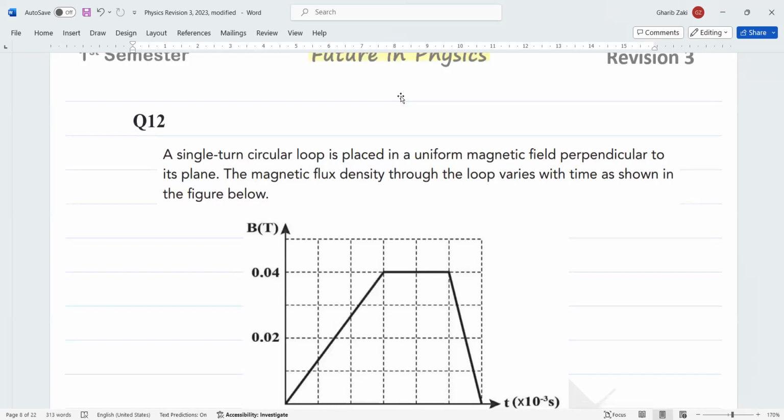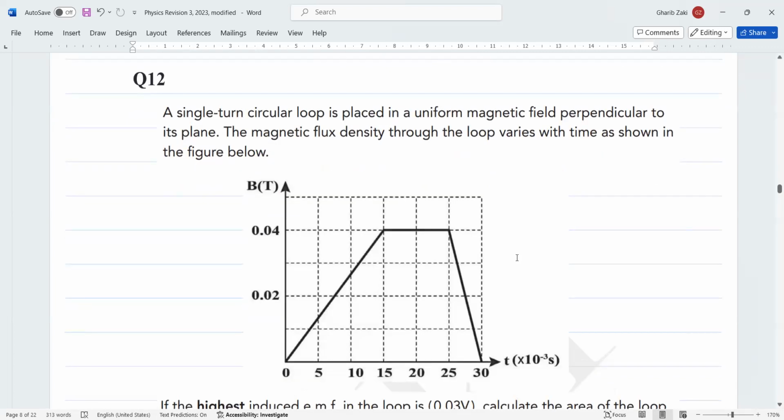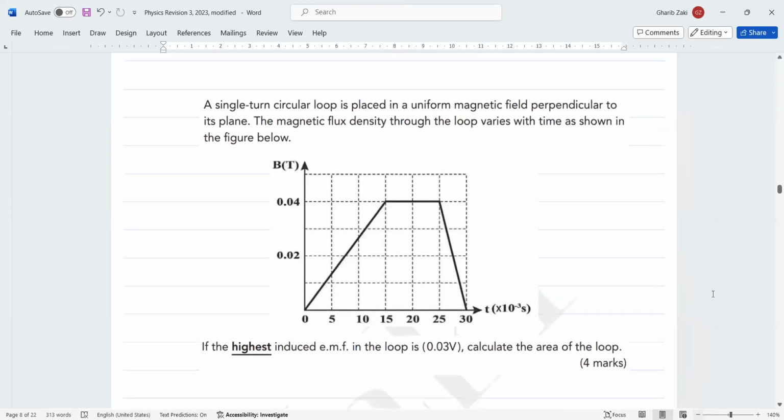Now, look at this question, guys. Look at question number 12 and think of it.